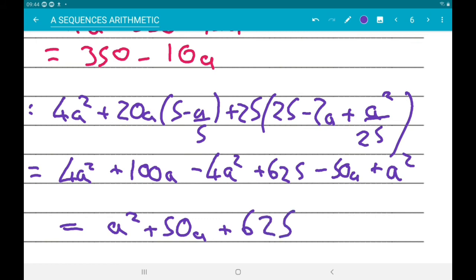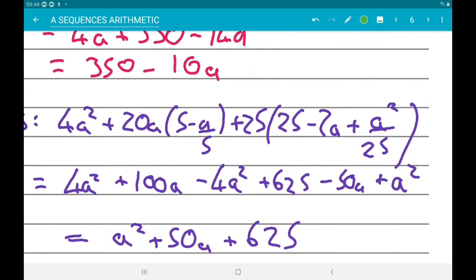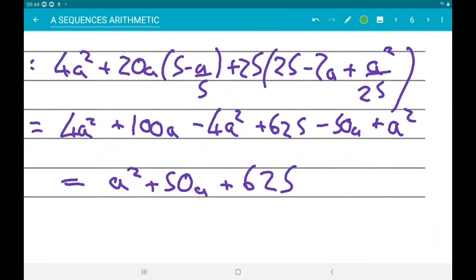Alright, so now let's put it together. So the left was 350 minus 10a. So we now know 350 minus 10a is equal to a squared add 50a add 625.